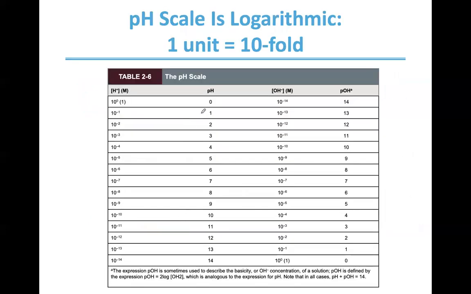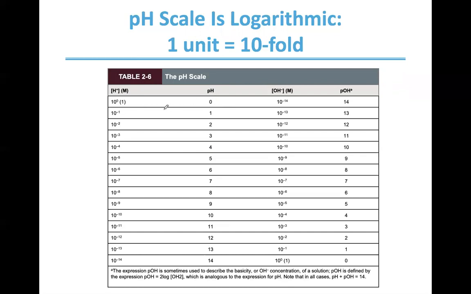And so here's how they are related, right? Remember, pH is a negative log of the concentration of protons. So if the concentration of protons is 1 molar, 10 to the 0, then pH is 0, right?